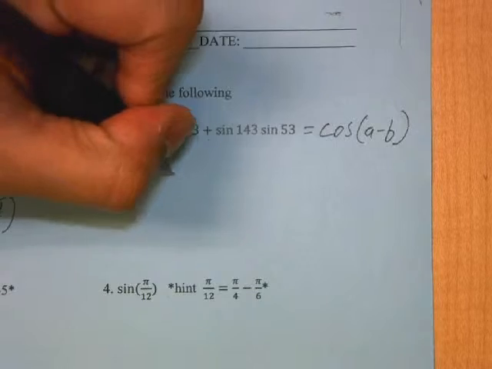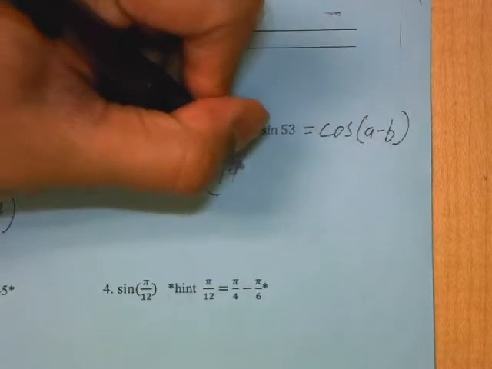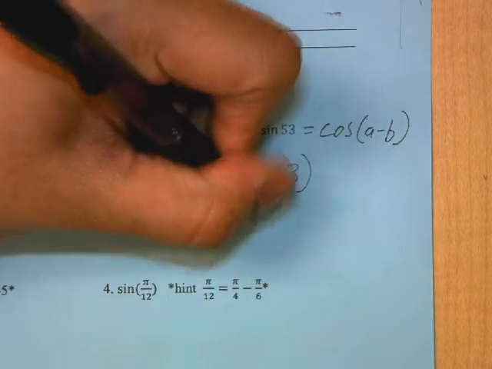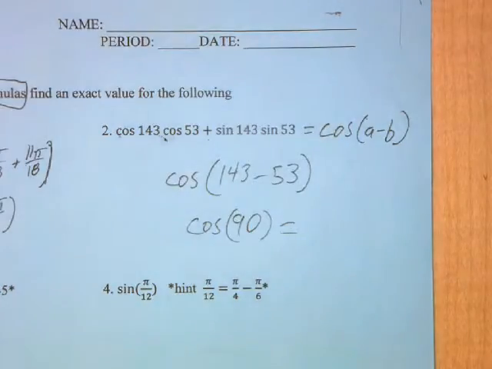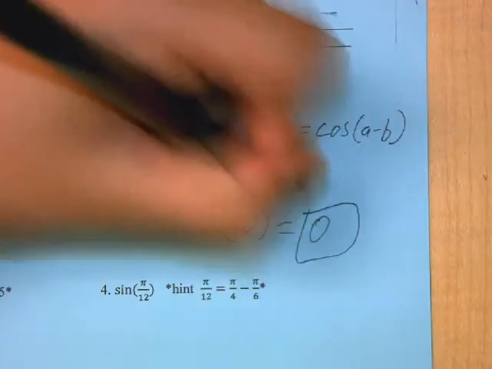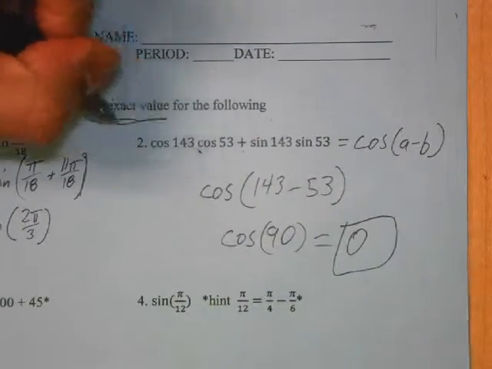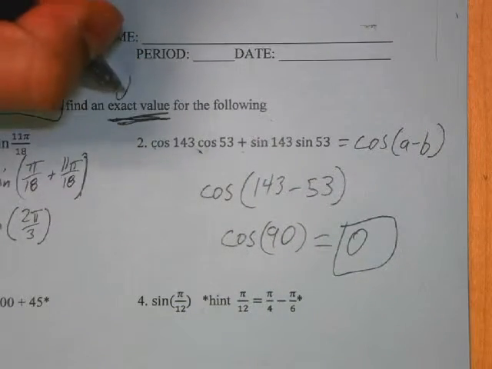So we've got cosine 143 minus 53. It's going to be cosine 90, which is just going to end up being 0. Okay, so again, exact values, we have to look at the unit circle. So when you see this statement, you know this is coming from the unit circle.